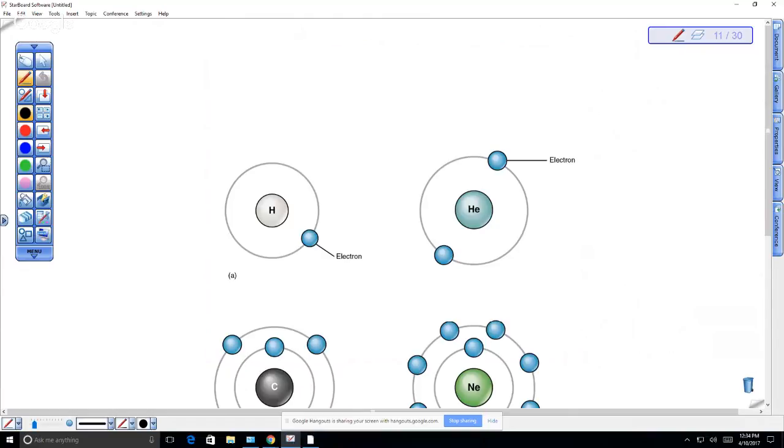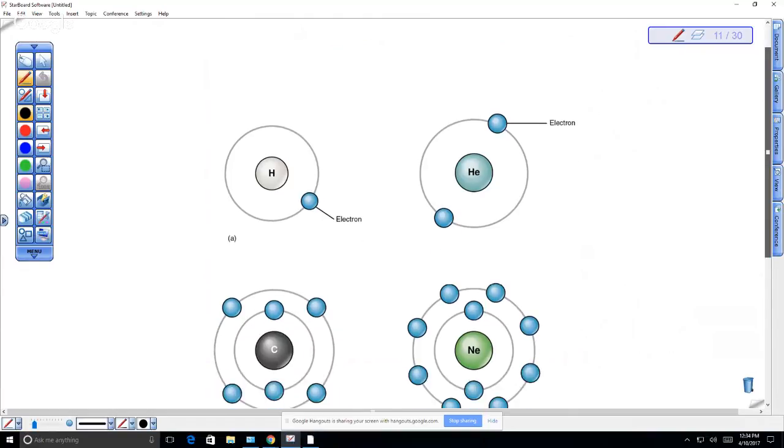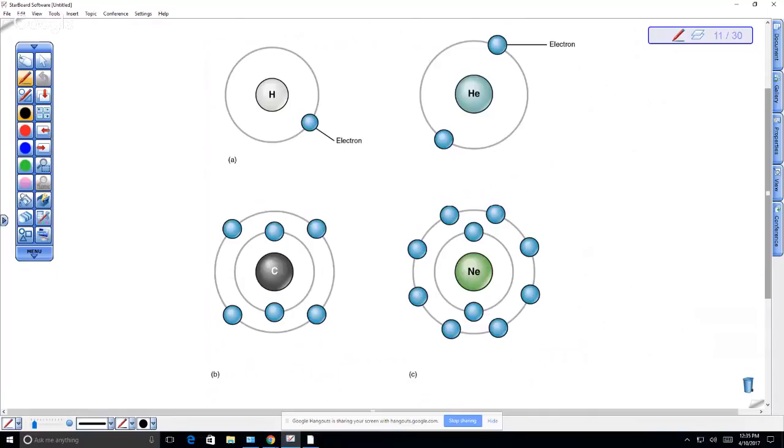Okay, so we talked about the different atoms and how they are characterized by the number of protons, and about the electrons in their outer shell. Remember that the first shell only stores 2 electrons, but each subsequent shell stores how many? 8. So look at this one. Does anybody know what this one is?